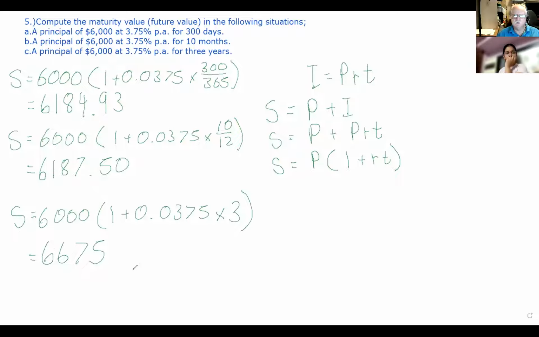So that's how they're going to get you to calculate for the future value or the maturity value. They're going to refer to it as S, which is the sum of the principal plus interest. And the next thing they're going to do is get you to manipulate this so you can solve for the principal.